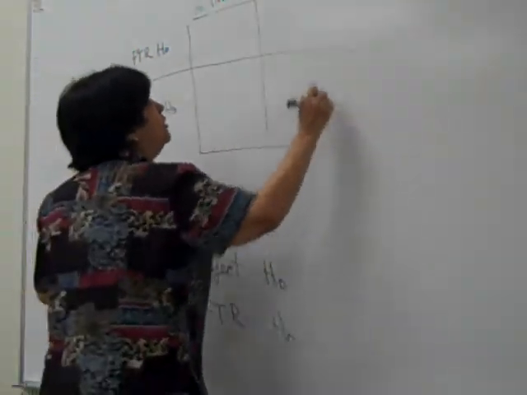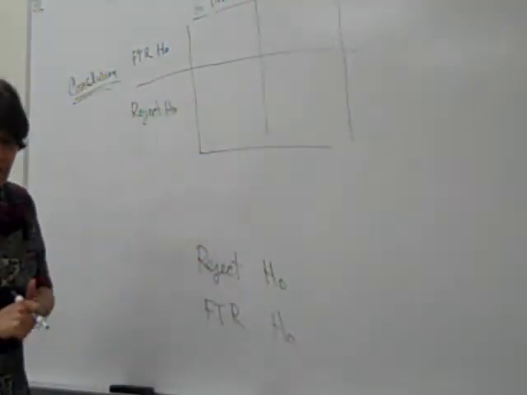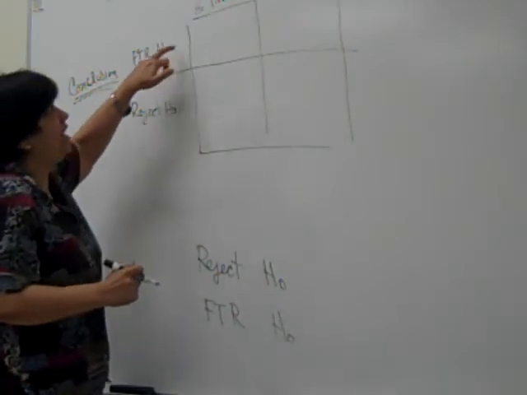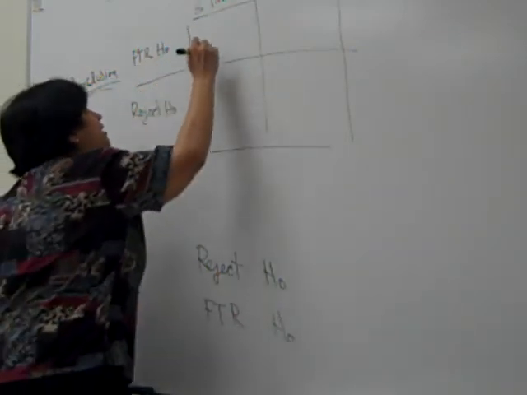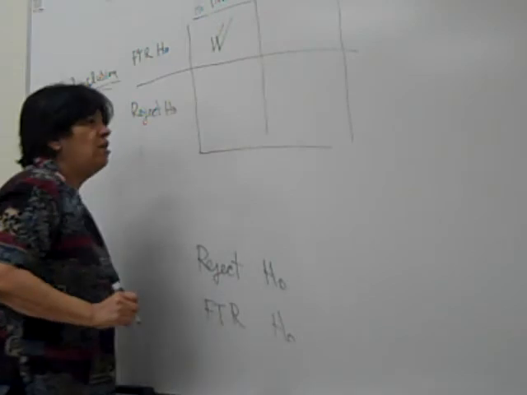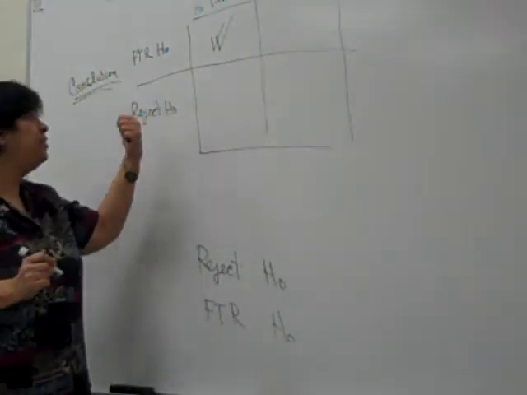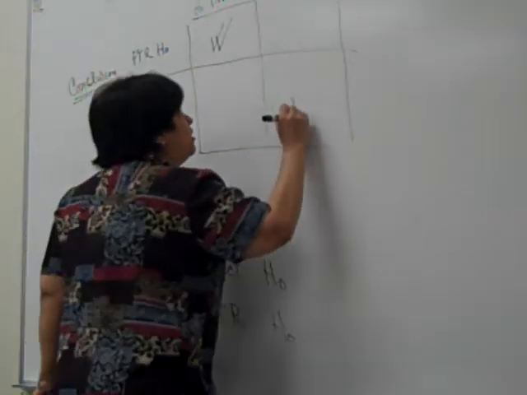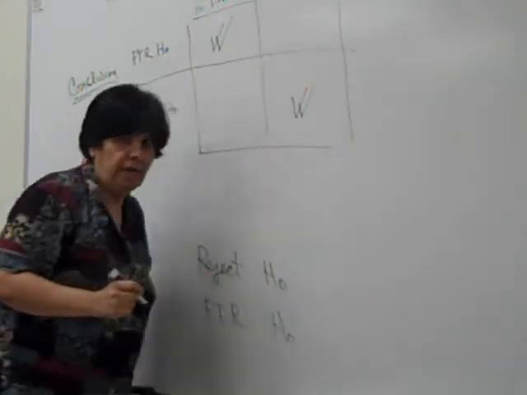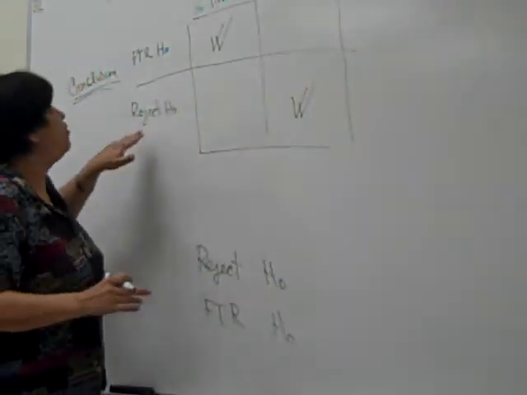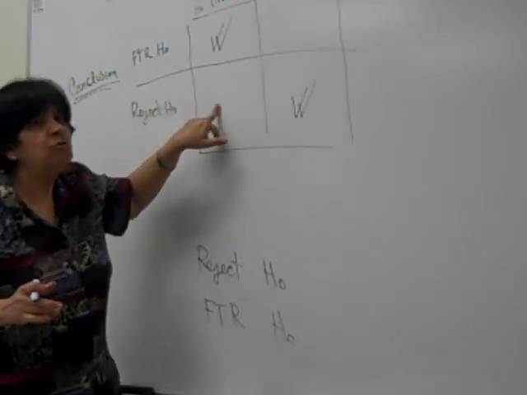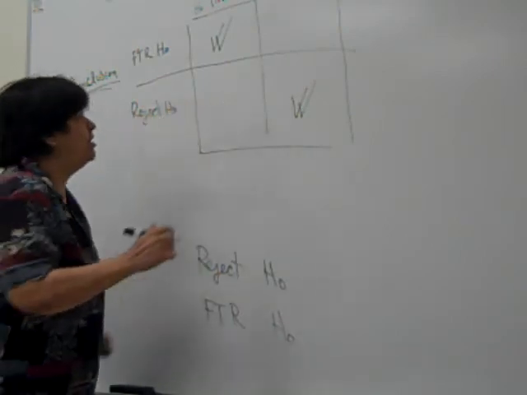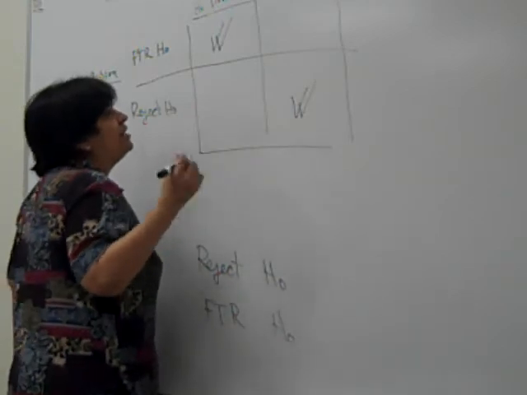So, what happens here? When we fail to reject a true null hypothesis, we are doing a pretty good job. When we reject a false null hypothesis, we are doing a pretty good job, right? But what happens when we reject a true null hypothesis? We are having one type of error.